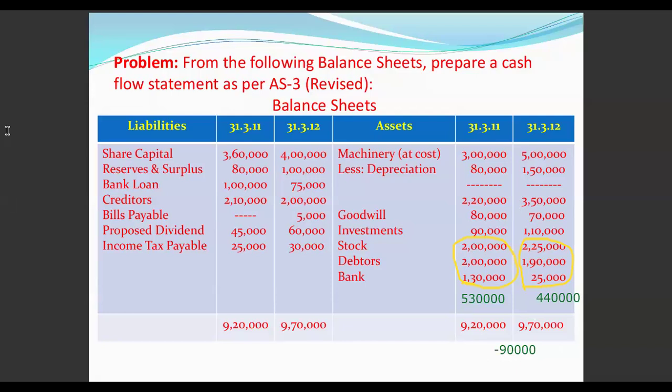Now, when you come to the liability side, we have creditors and bills payable. The total of the first year is 3,10,000. The total of the second year is 2,05,000. Now, there is a change that we have paid our liability, and that change is around 1,05,000.